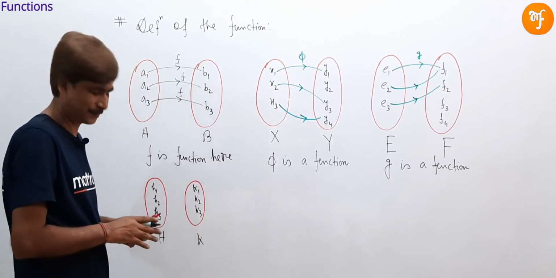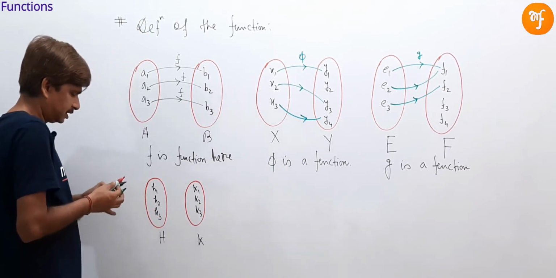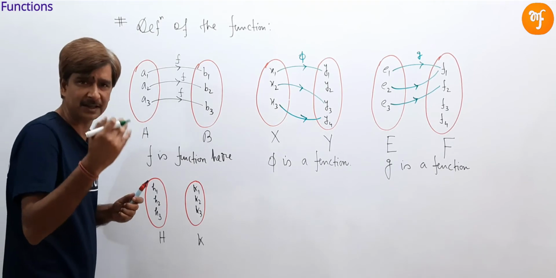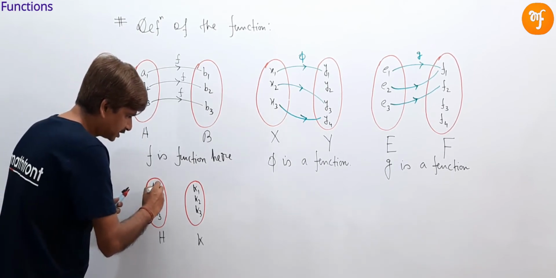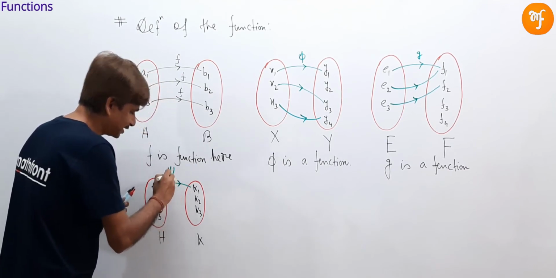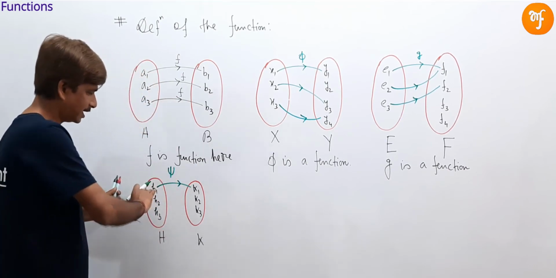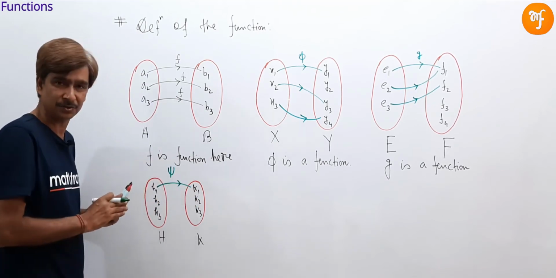Is it clear? Now just consider another relation, that is psi, such that H1 has psi image K1. So psi is the relation, H1 has psi image K1, that is K1 is equal to psi of H1.